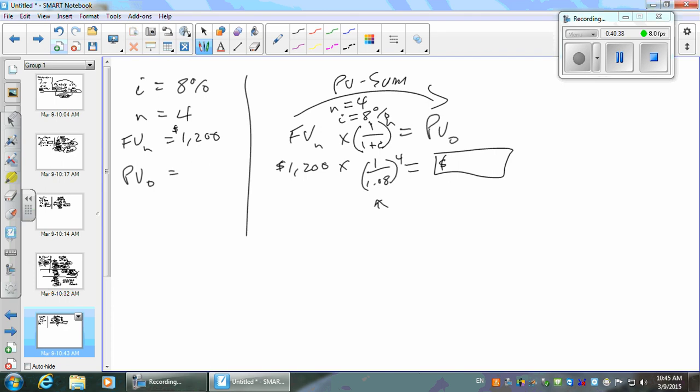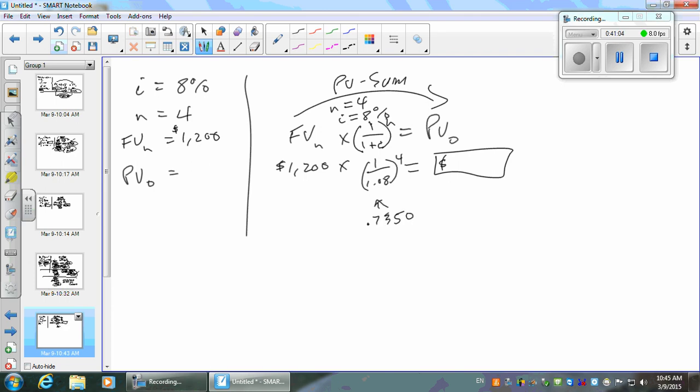Anybody going to read me one? Your calculator, having your book there. Come on, somebody give me one. He's trying not to give it to me. Each one of you guys actually would. Stick your neck out. 8%, 4 periods, present value. What do you got? 0.735.